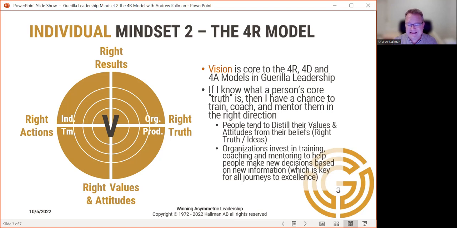And the organization itself, from the portfolio level to the directors to the C-suite to the board, they all need to continue to learn as well. And so you have a lot of journeys to excellence in any organization. And if people aren't on that journey, they're going to end up being sidetracked, derailed, or completely let go.